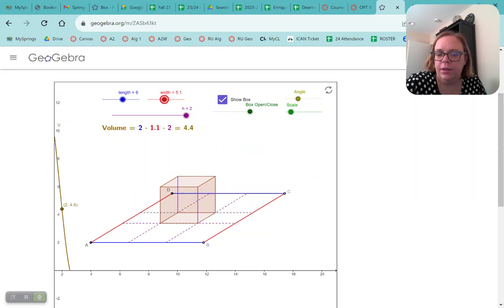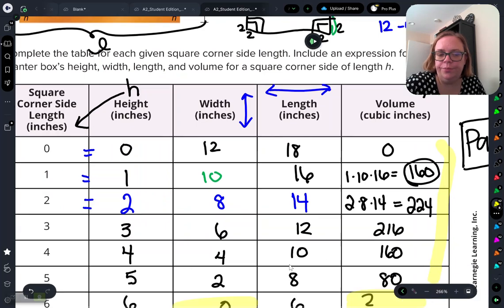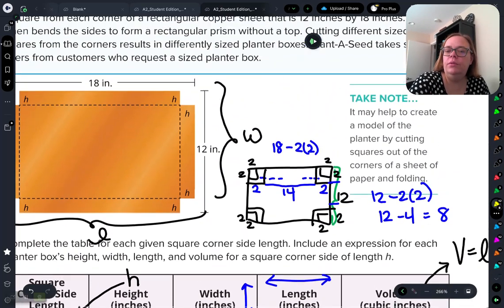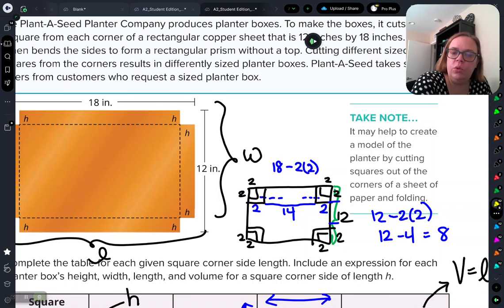Okay, let's think about these ones. So something weird starts to happen in rows 6 and 7. Okay. So in row 6, the height is 6. And then the width is 12 without cutting anything.